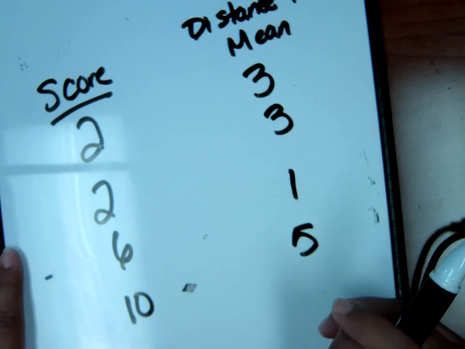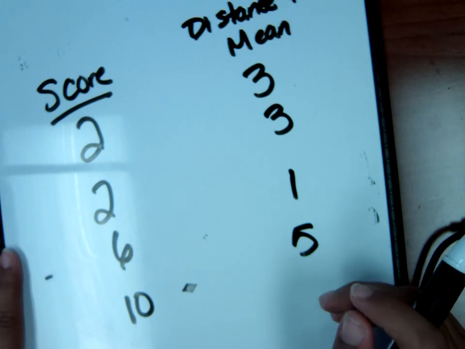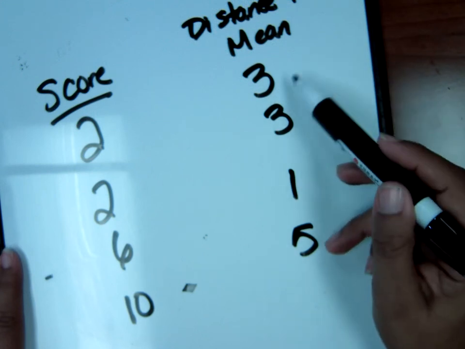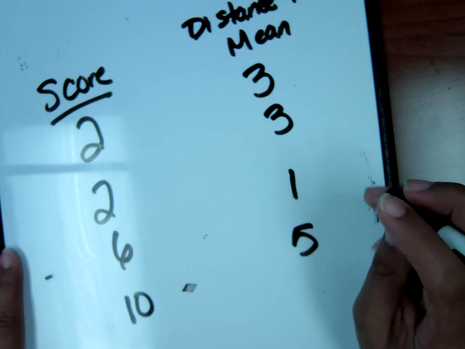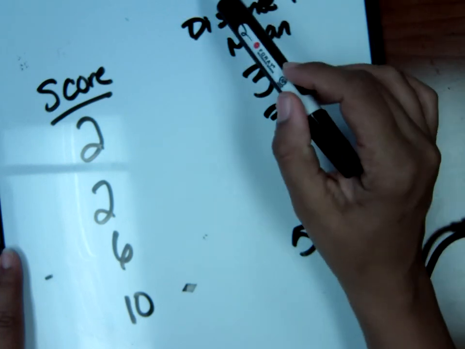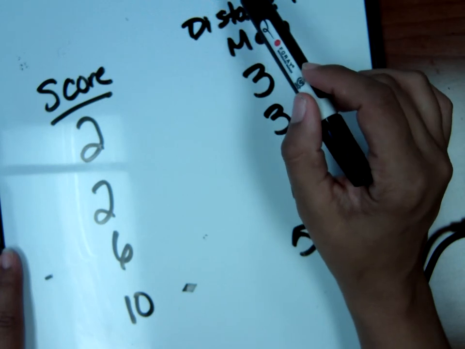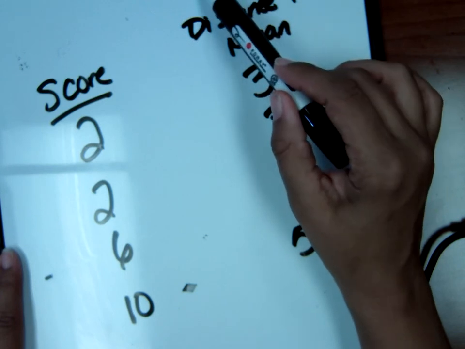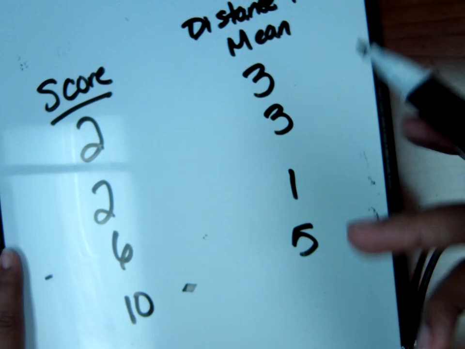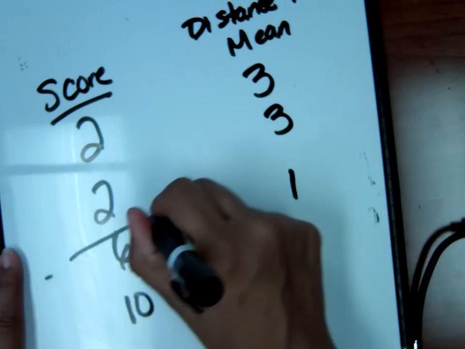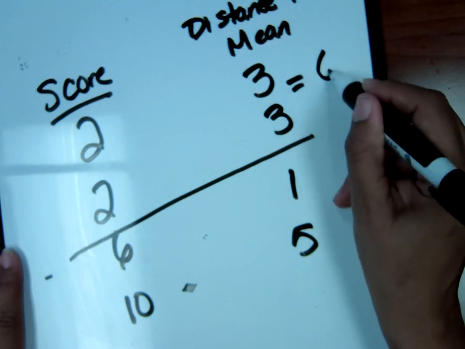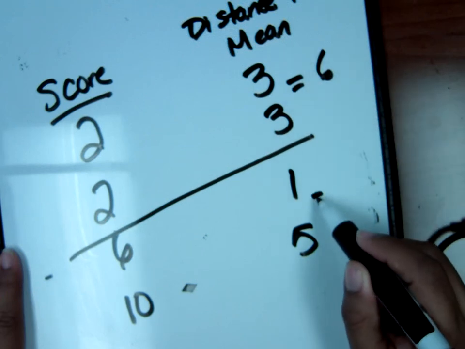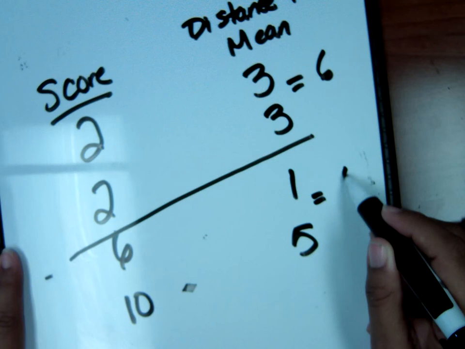Notice that the mean balances the differences, okay? You've got your 3 points below plus your 3 points below, which is going to be a total of 6 points below the mean. And then I'm also going to have my 1 point above the mean, this 6, and my 5 points above the mean. So if the mean is somewhere in here, the sum of these is going to be equal to 6, and the sum of these is going to be equal to 6 as well.